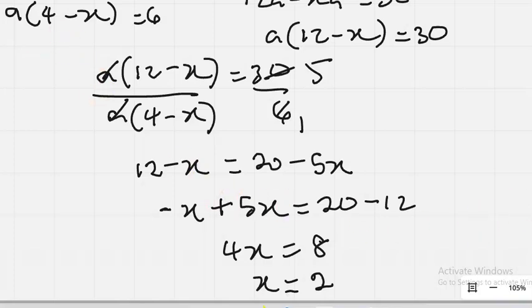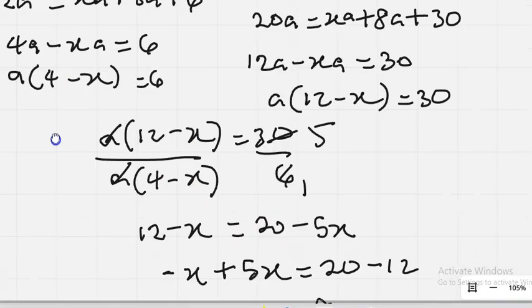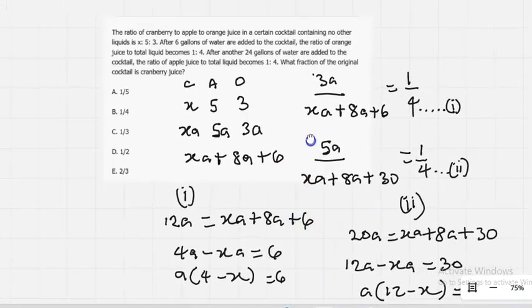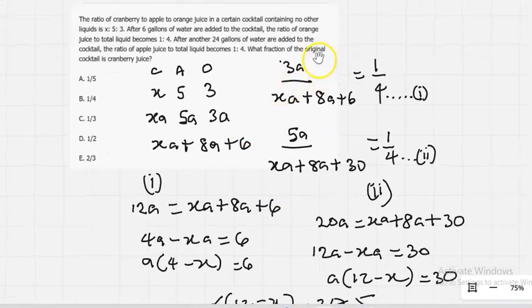The question says to find what fraction of the original cocktail is cranberry juice. Since we know that X is 2, we can just work with the ratio.